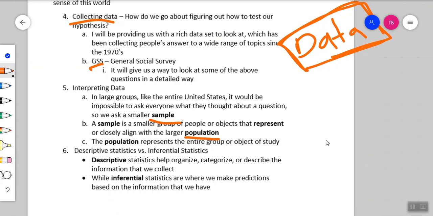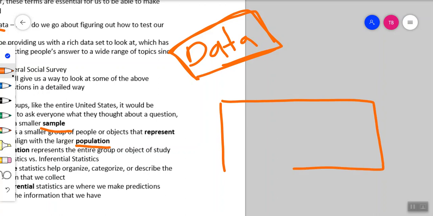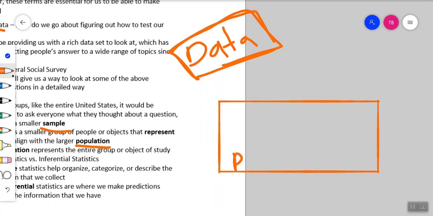So for instance, as we're talking about the election, you're talking about a presidential election, and you wanted to find out who you thought was going to win based on asking people who they were going to vote for. So in this case, if we're talking about a U.S. election, the whole population is the whole U.S. population, everybody in the United States.